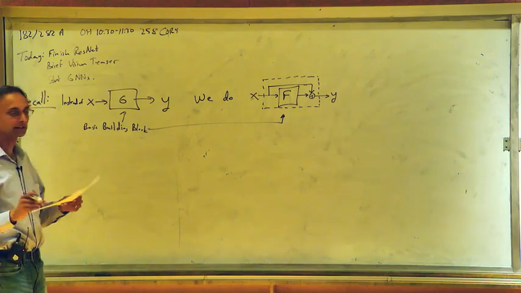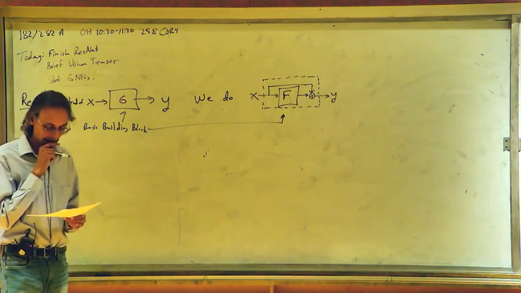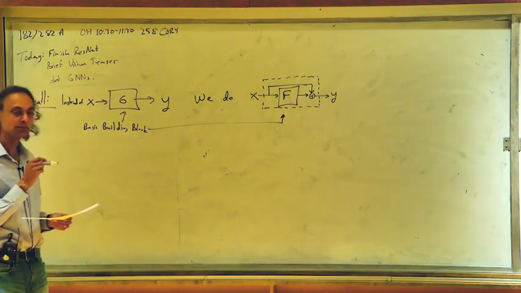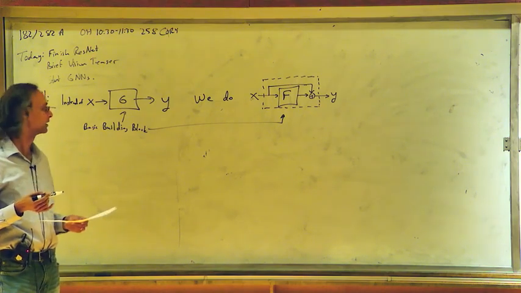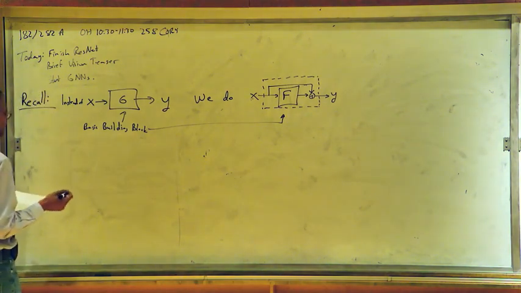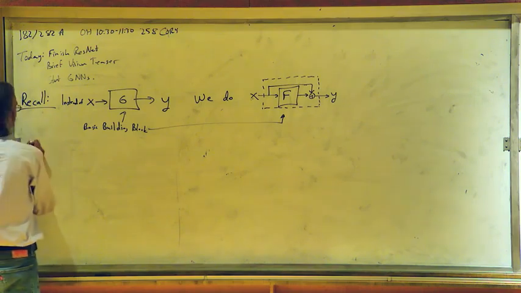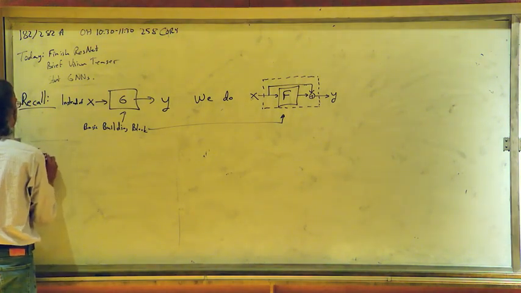So I wanted to talk a little bit more, a brief comment on what should be inside this F block. Okay, so like an exercise for you to think about. Let's compare the following two things.